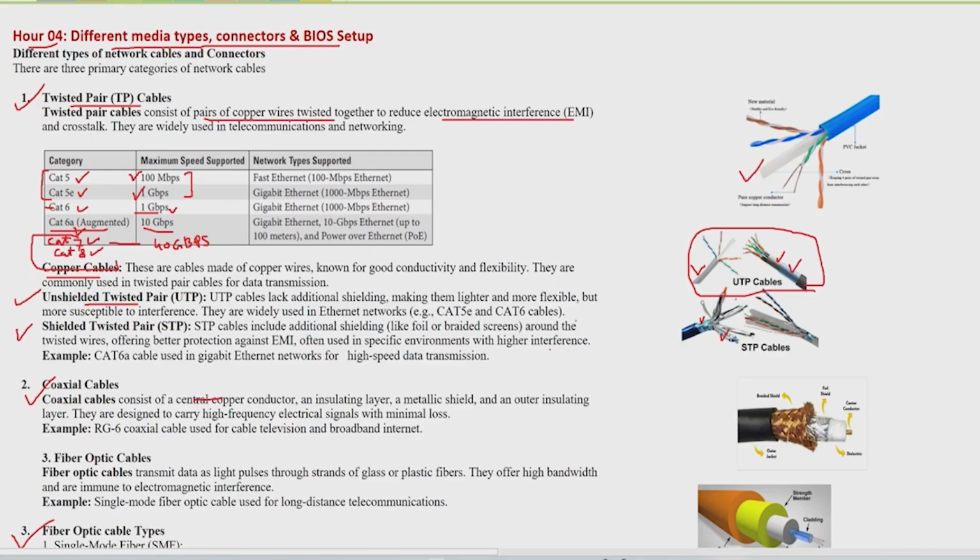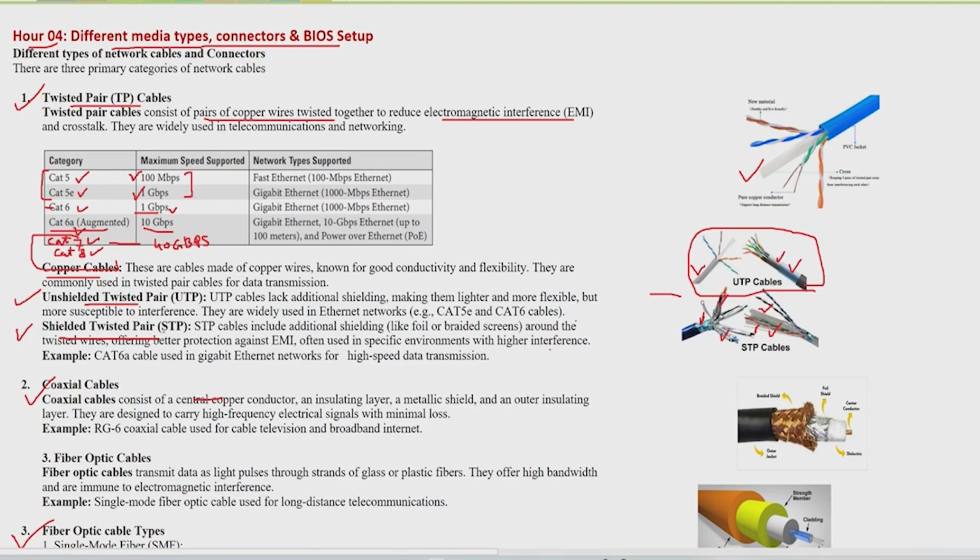After that, they made it more structurally stable, and they put one thread here to make it strong, and then there is one foil inside, and every pair has a separate foil. So they called these shielded. Why shielded? It means there is very little interference now.